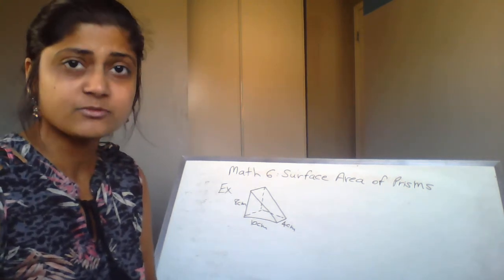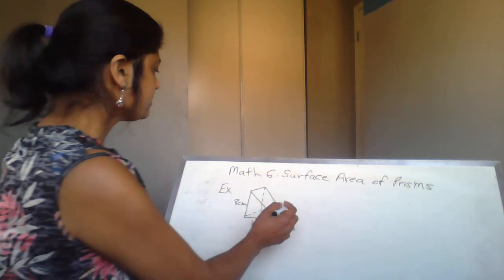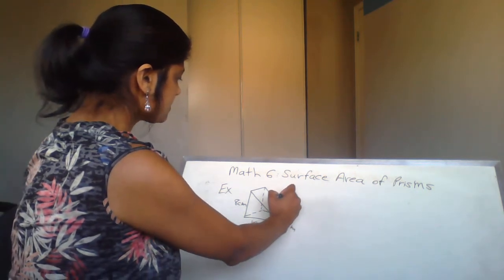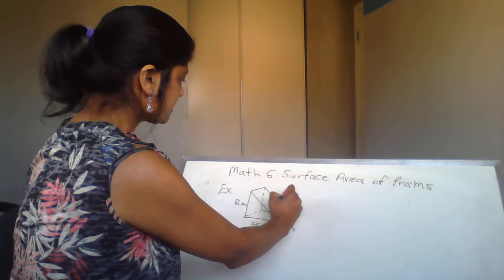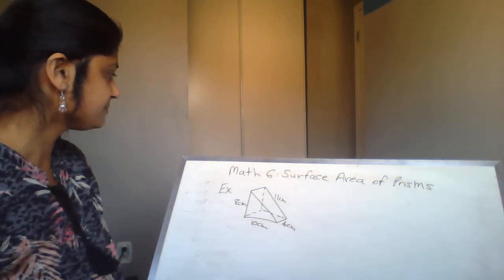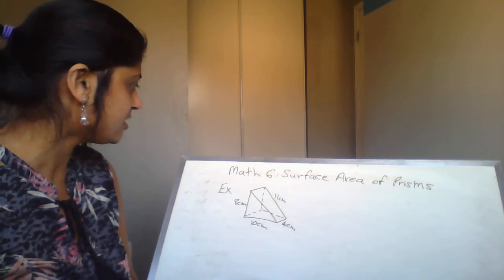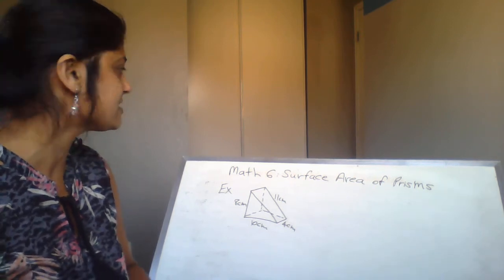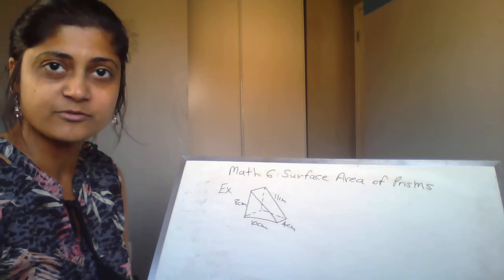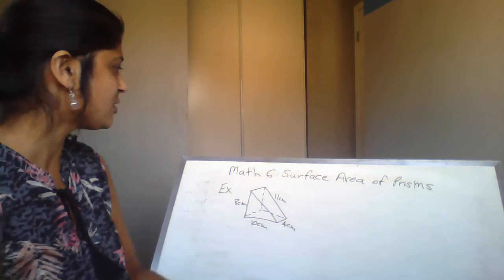The teacher will give you all the dimensions, so don't worry about that. And let's do this one as 11 centimeters. That looks good. I think we have all of the sides that we can use to calculate the surface area of this triangular prism. So let's get started.